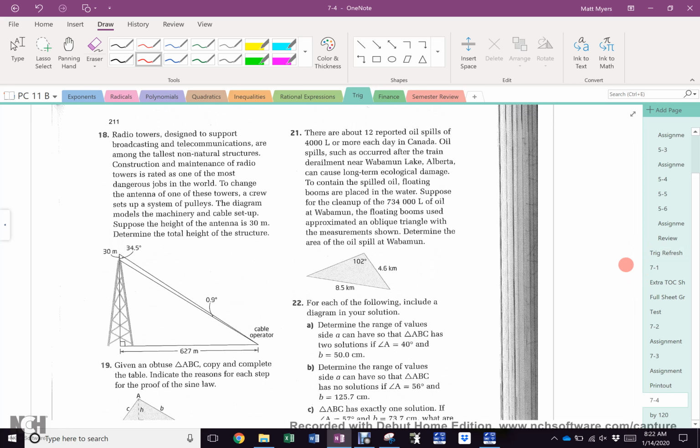The height of the antenna is 30 meters. Determine the height of the entire structure. Okay, so this little bit right here is 30, right?